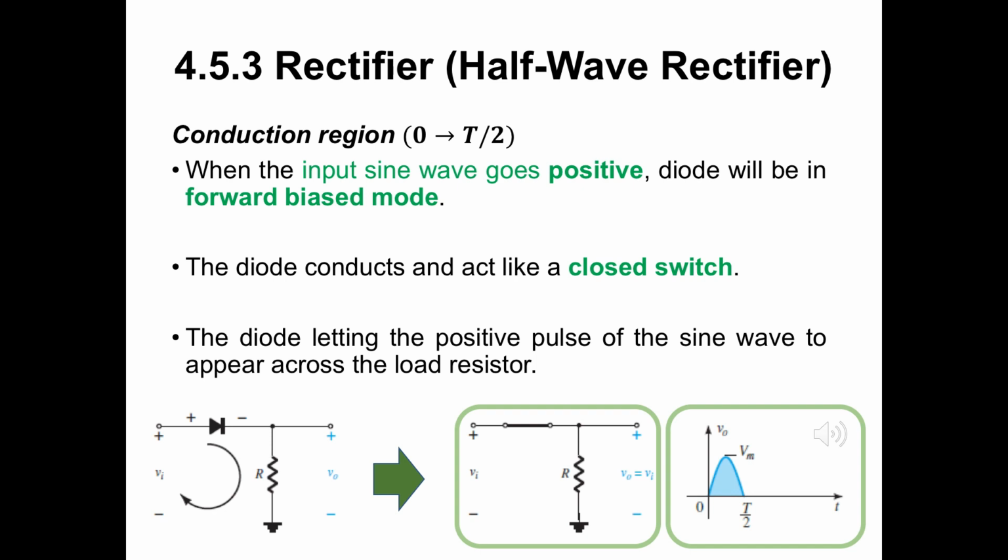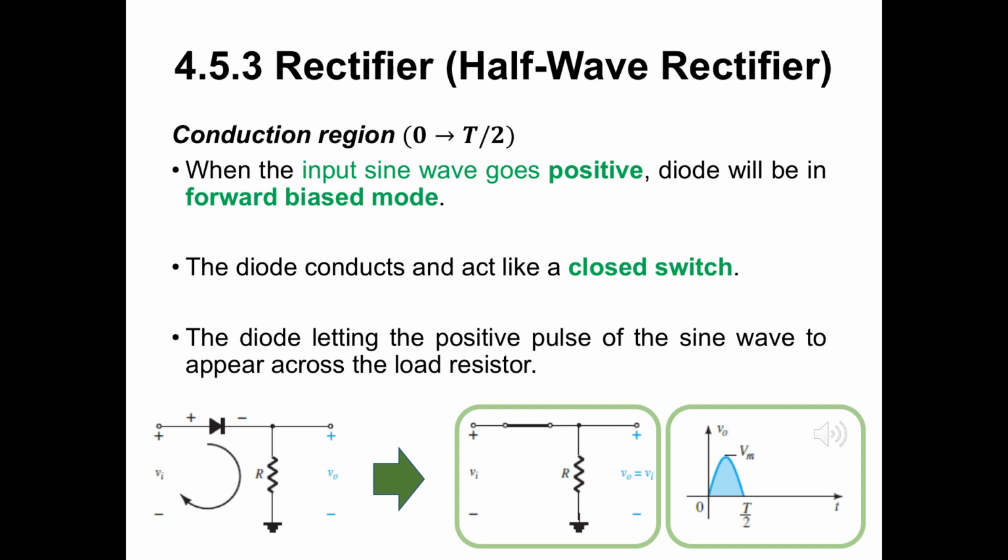As the diode is connected to the positive Vi as in the figure on the left, it will be in forward biased mode. Here, the diode will act as a closed switch as in the middle figure. This diode will let the positive pulse of the sine wave appear across the load resistor. So, the output VO in the right figure for t from 0 to T by 2 is only this positive pulse of the sine wave.